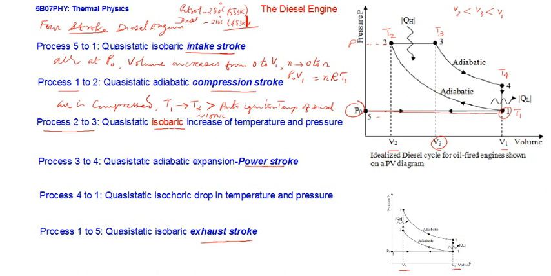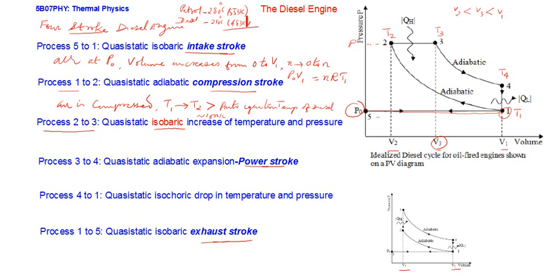Diesel will catch fire only if it is split into very fine particles and there are favorable conditions. It won't easily catch fire like petrol. That is one thing to be noted. That is the process happening during 1 to 2, the compression of air to a temperature well above the auto ignition temperature of diesel.